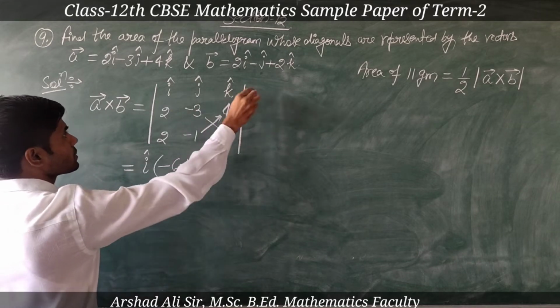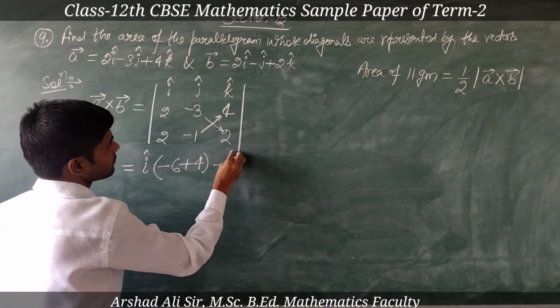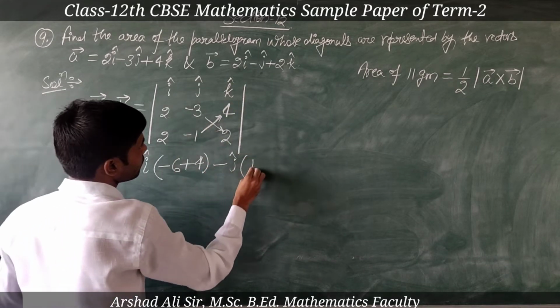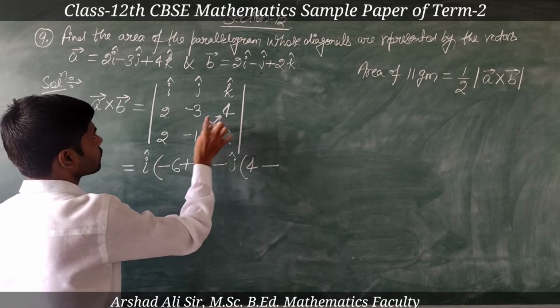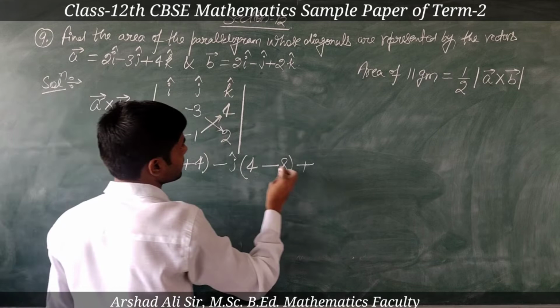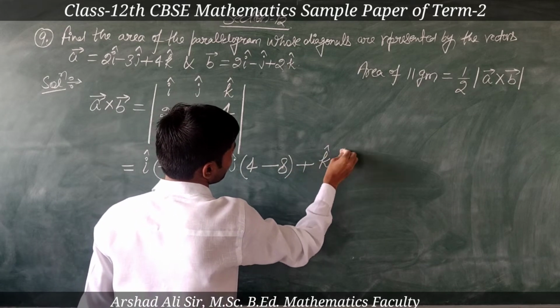Now first row, second column, j cap. First row, second column, 2 times 4, minus 2 times 4 is 8, plus first row, third column, k cap.